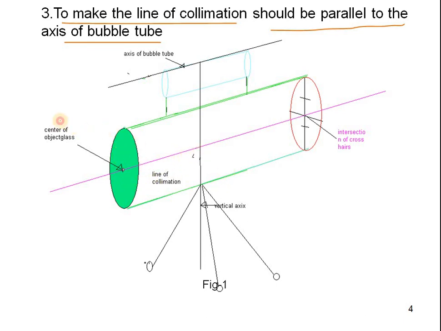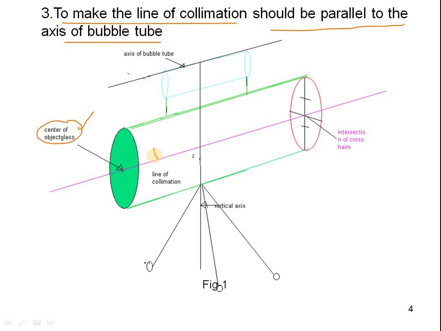We can observe here, this one is the center of object glass. The line which is showing this point, the pink color line, is known as the center of object glass, and this is the line of collimation.